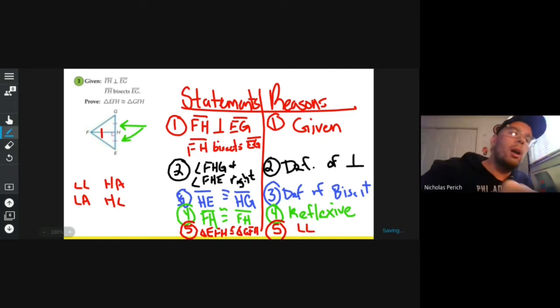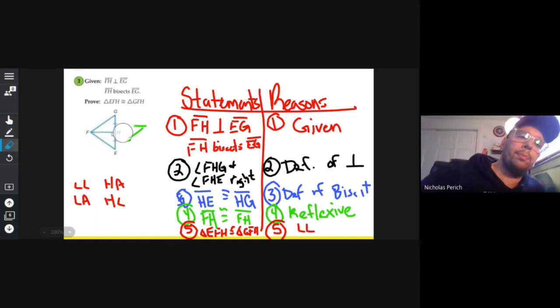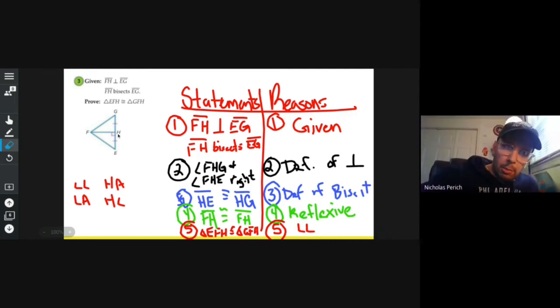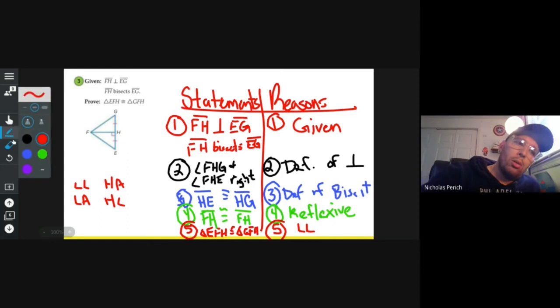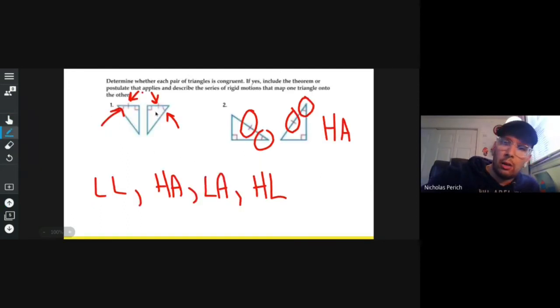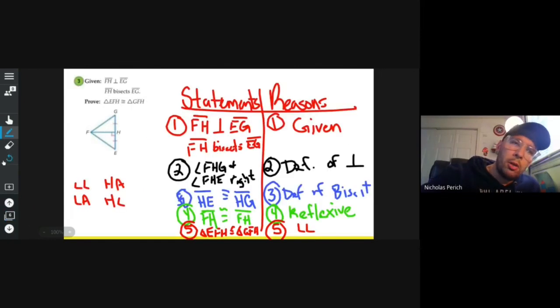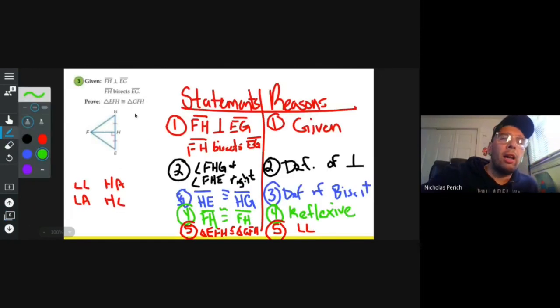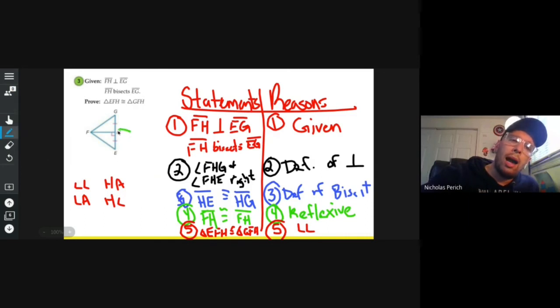So backing it up a little bit. This is very similar to these problems back here, but these problems are glued together. So I should be able to say, all right, I need to prove that these guys are the same. So I need to explain why these are right angles. I need to explain that these guys are congruent to each other.